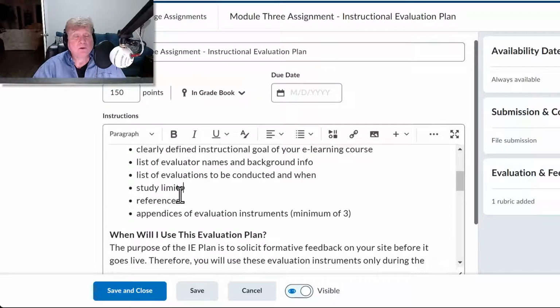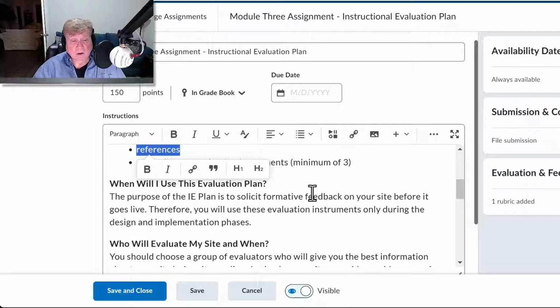During this course, you only identify which IE instruments you're going to use and make sure that you have attained those and understand how they work. It is in the next capstone course that you then actually use those instructional evaluation tools to carry out an instructional evaluation, often called a heuristic evaluation.